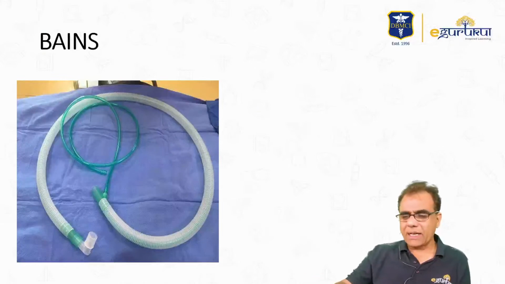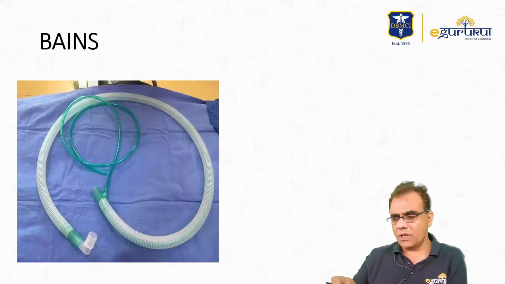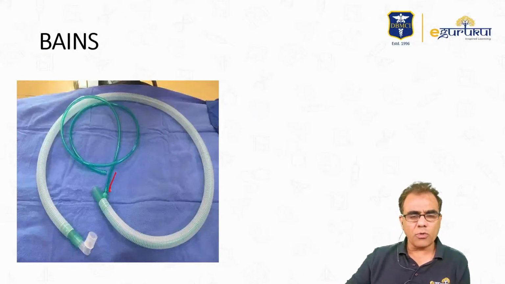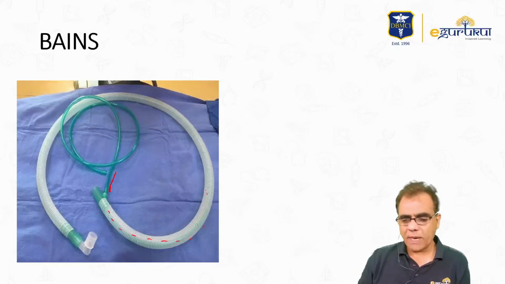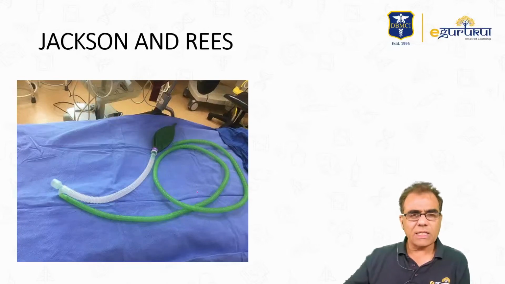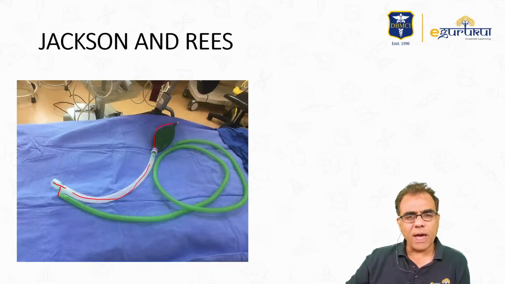So this is the Bain circuit, and in the Bain circuit there is an inner tube and an outer tube. So you have to identify this. You can see this inner tube going all the way. So this is the Bain circuit, and this is a pediatric circuit, Jackson and Rees. So this is a T piece, and then there is a tube, and then there will be a valveless bag.